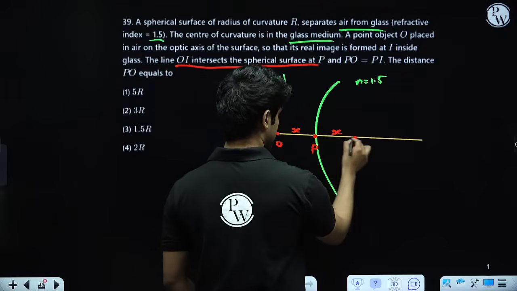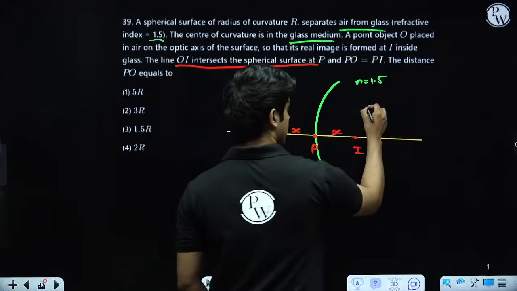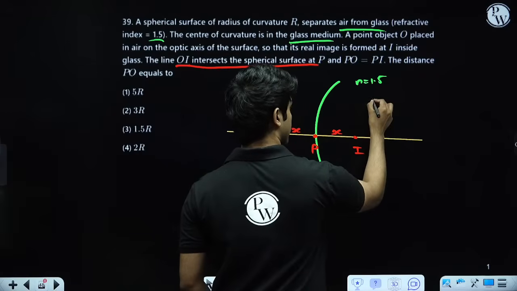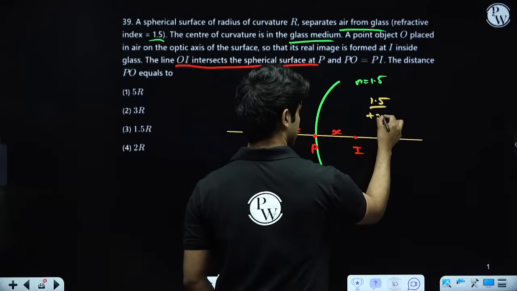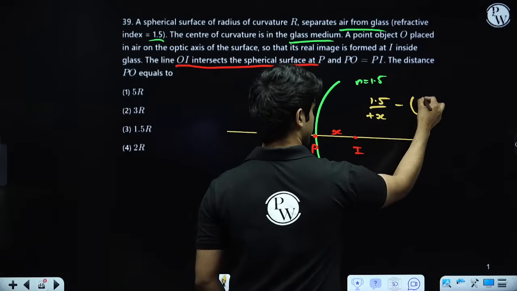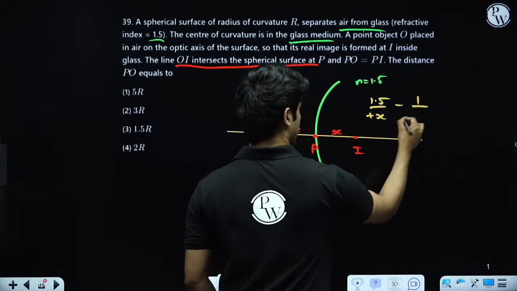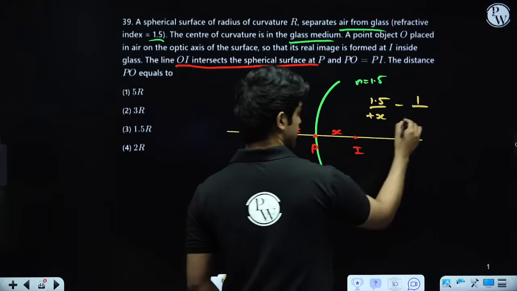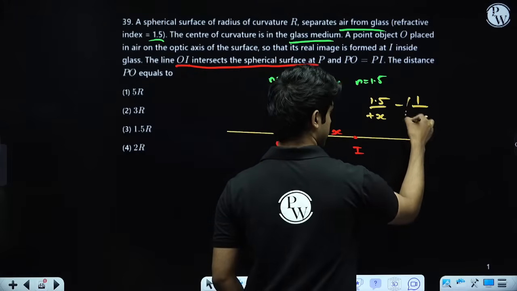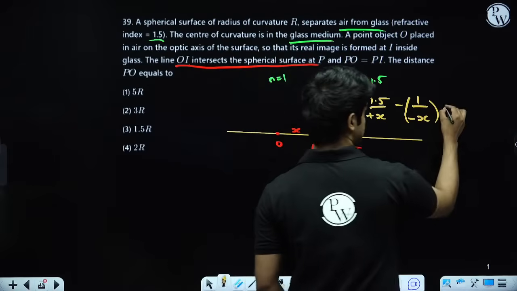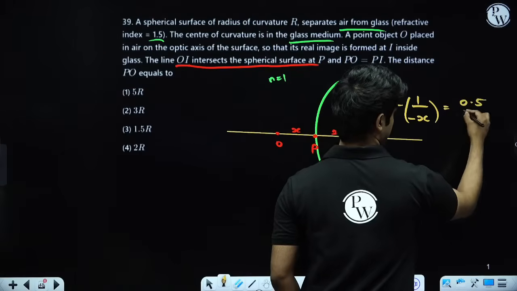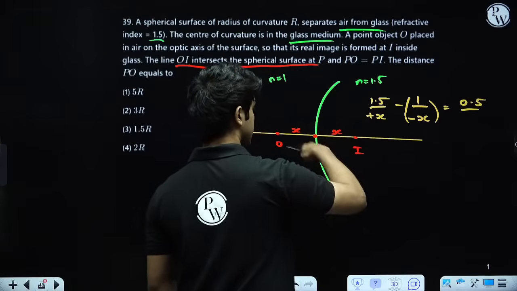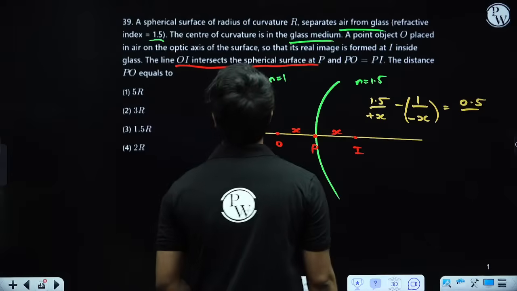Image distance is plus x, object distance is minus x. So mu 2 is 1.5 divided by v, v is plus x, minus mu 1 is 1 upon u. u is going to be minus x because it is towards the left, and this is equal to mu 2 minus mu 1, which is 0.5 divided by radius of curvature. Radius of curvature is plus r to the right.